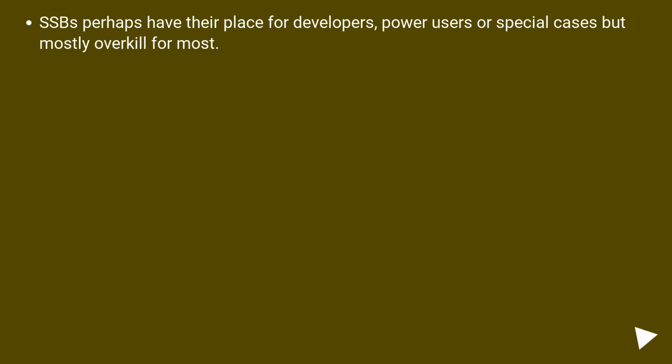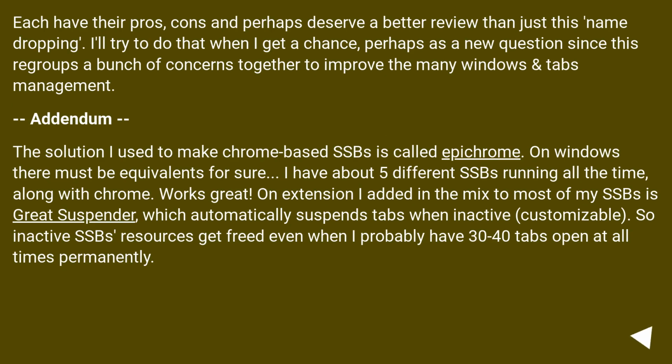Power users are special cases but it's mostly overkill for most. Each has its pros and cons, and perhaps deserves a better review than just this name dropping. I'll try to do that when I get a chance, perhaps as a new question, since this regroups a bunch of concerns together to improve the management of many windows and tabs.